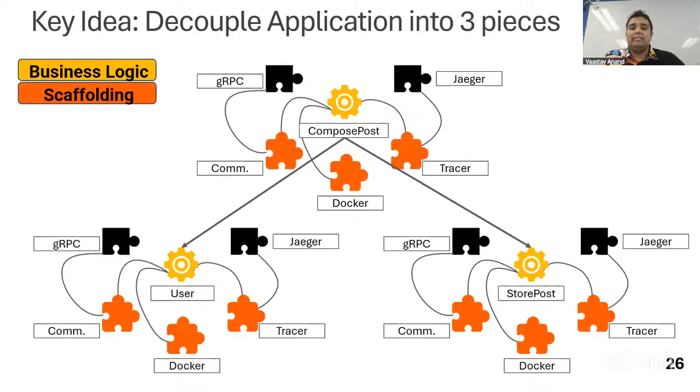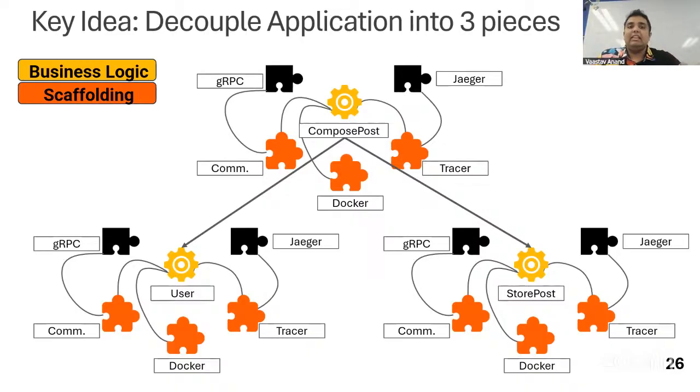The second piece is the scaffolding. This is the collection of backends, frameworks, and libraries that orchestrate execution. Additionally, this also includes features such as tracing, replication, timeout, retries, among any other features that you might want to add to an application. This scaffolding logic is really independent of the workflow and has no impact on the workflow itself.